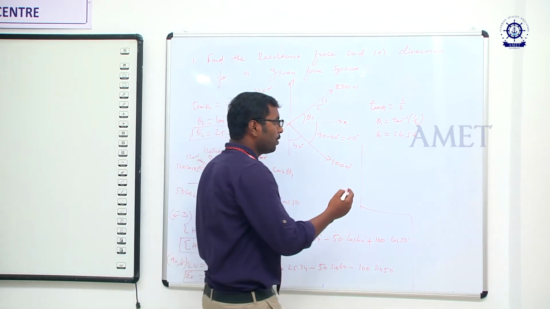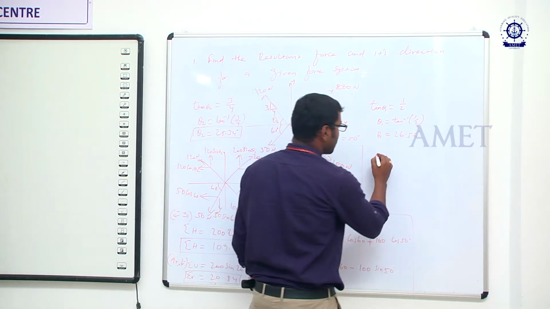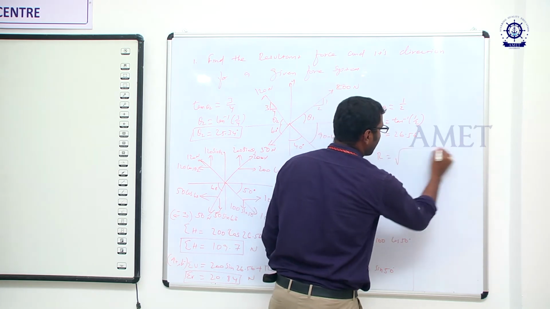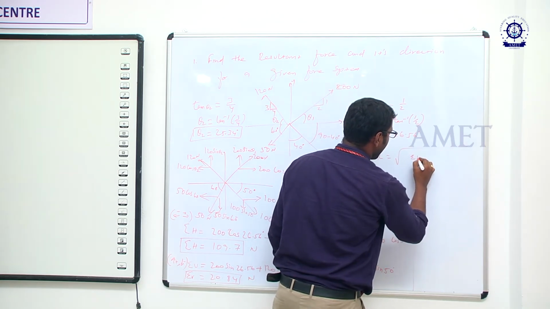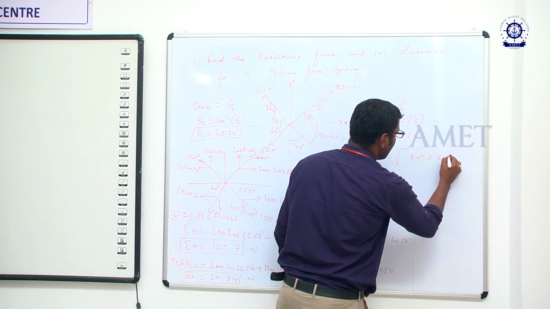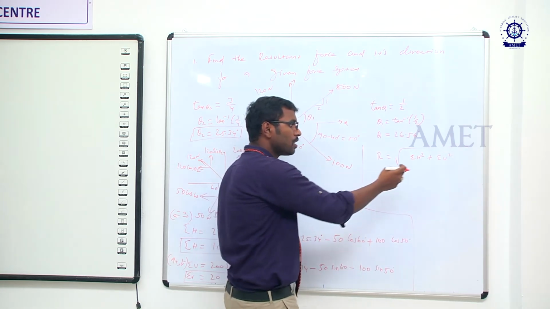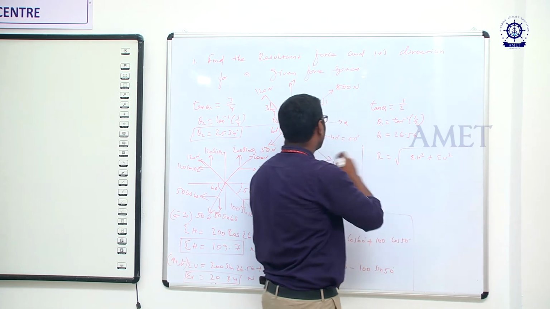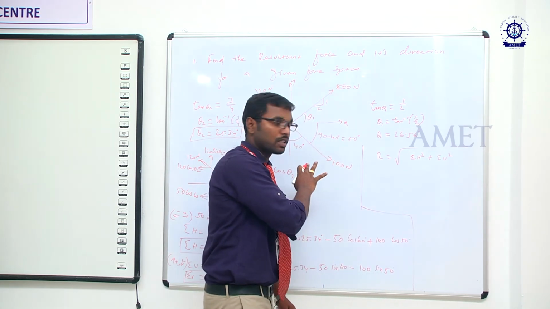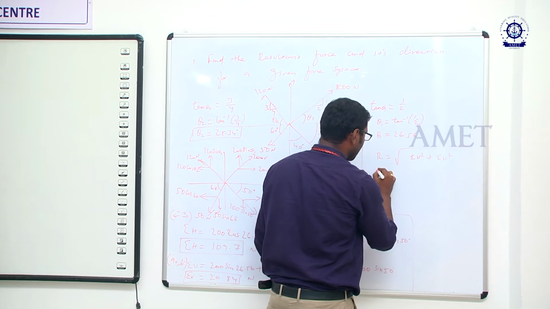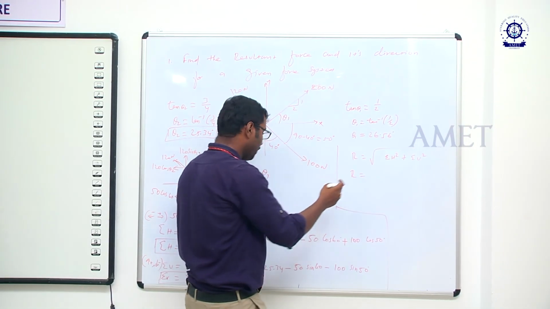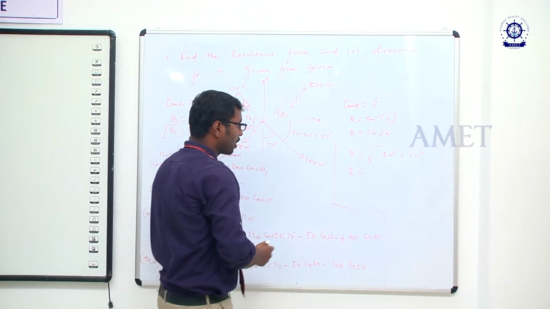So we know the formula to calculate resultant force. Resultant force equals root of summation of H square plus summation of V square. Summation of H means horizontal component of this force system. Summation of V means vertical component of this force system. We know the value of the horizontal component and vertical component.